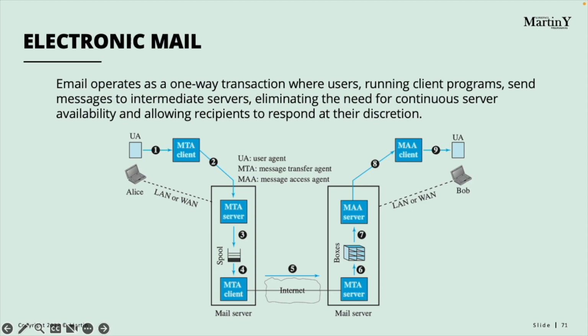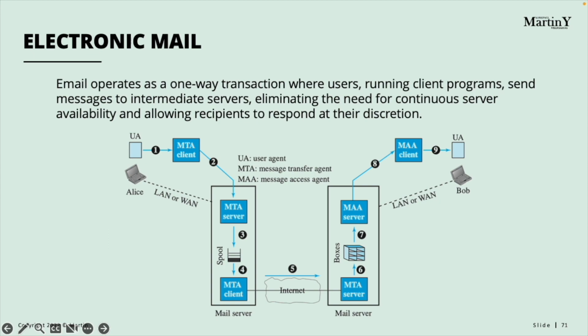You're going to have a user agent, which will help you write the email, and then you will have 2 email servers, one on the sender side and one on the receiver side. Each of those email servers, as you can see, has some server here and some client here.